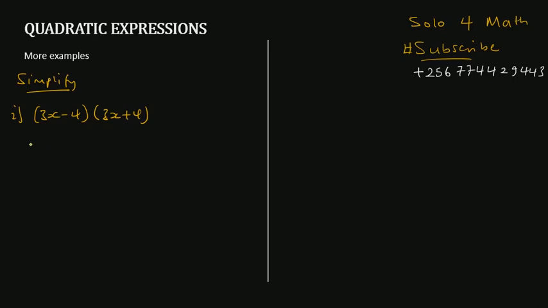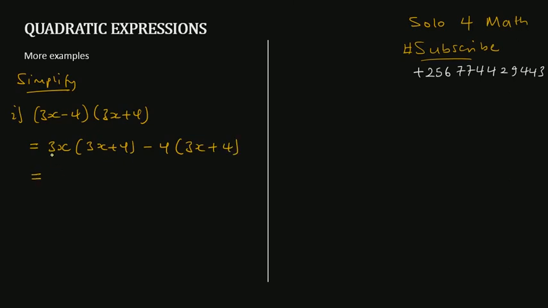Normally we would say this is the same as 3x into the second bracket, the first number multiplies with the second bracket, then minus 4, the second number also multiplies with the second bracket, and then we open the brackets.